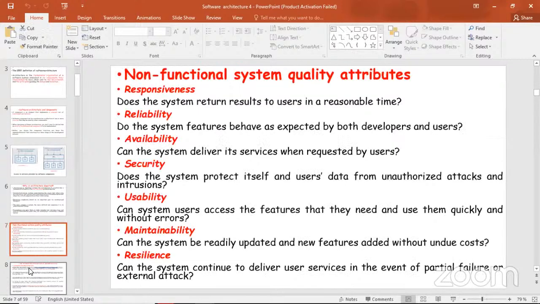So what are the non-functional requirements quality attributes? The first one is responsiveness. Does the system return results to users in a reasonable time? So you see, that is not part of the functional requirement, but it is a measure of how the system works.